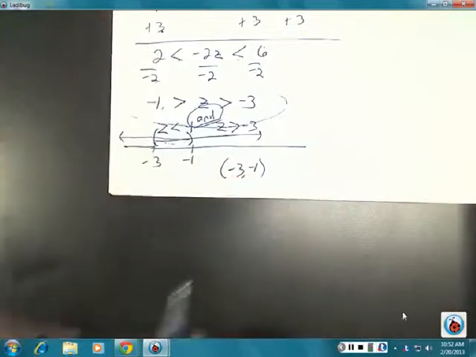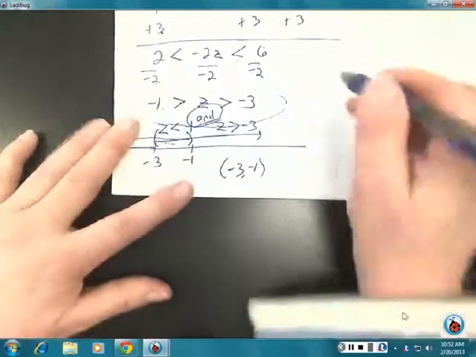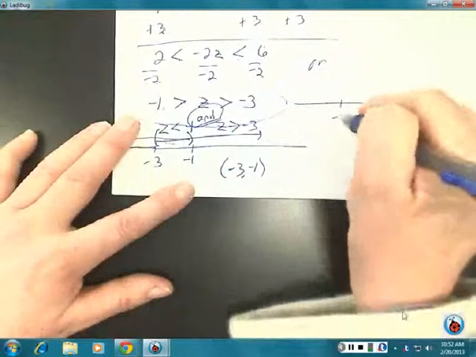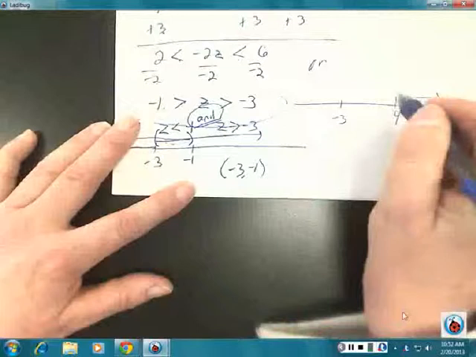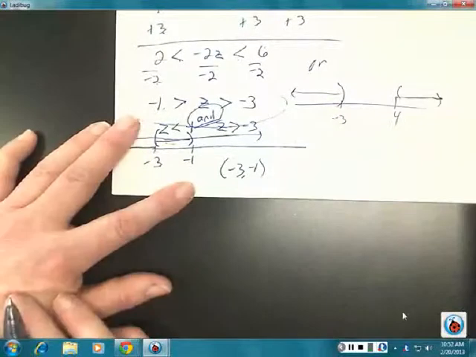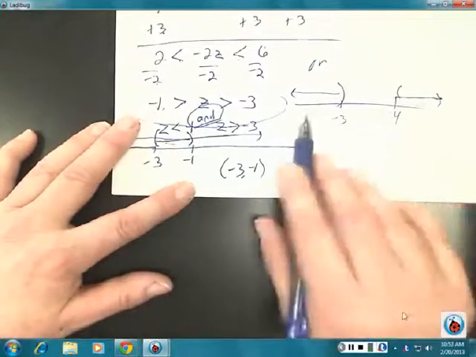Like if you had a 4 and a negative 3 and your 4 was going this way and your negative 3 was going this way, then it would be an or because they were going opposite ways. I've got to include this one or this one for both of my answers.